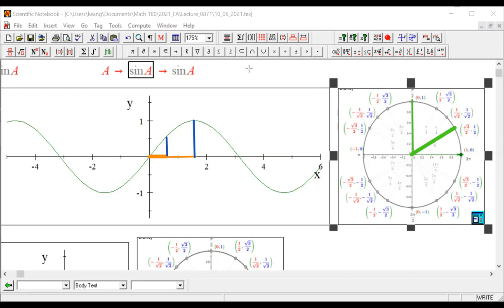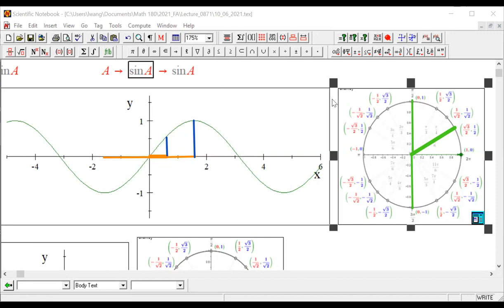Now, if I measure clockwise to get here, the arc length would be negative because it's a negative pi over 2. And this negative is going to come over here. Right? That's the arc length.